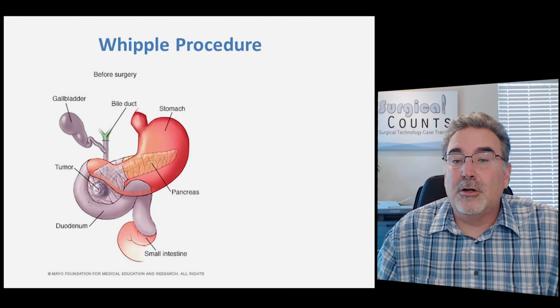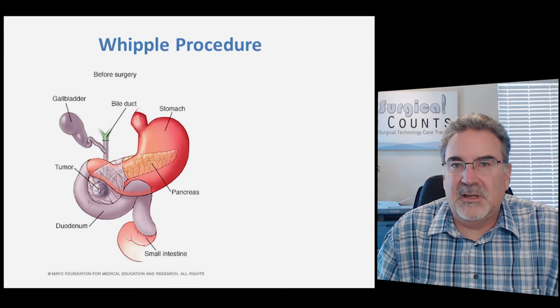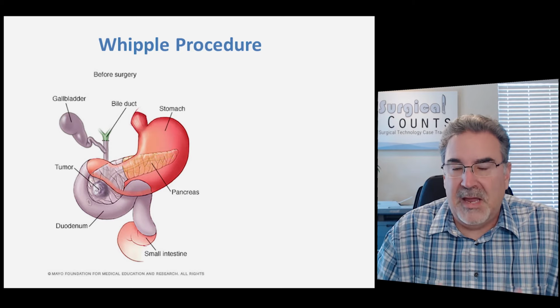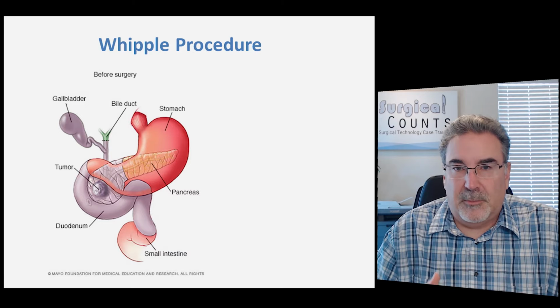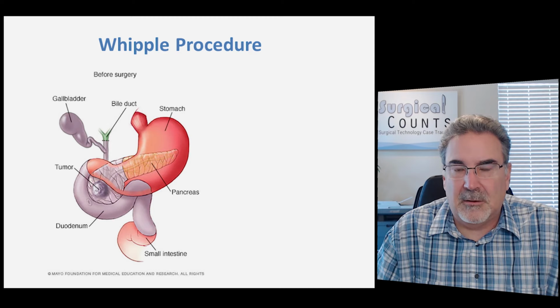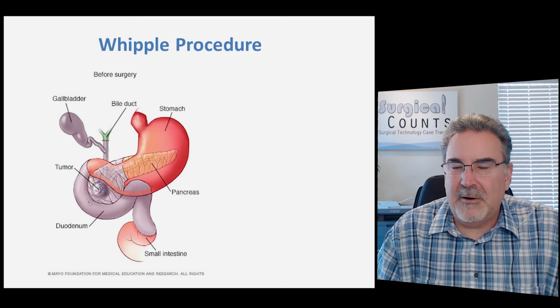Now, another large upper abdominal surgery that you'll see, and this is a really major surgery, is called a Whipple procedure. A Whipple procedure is done usually with patients that have pancreatic cancer. Pancreatic cancer is a nasty, nasty disease that can spread very quickly.